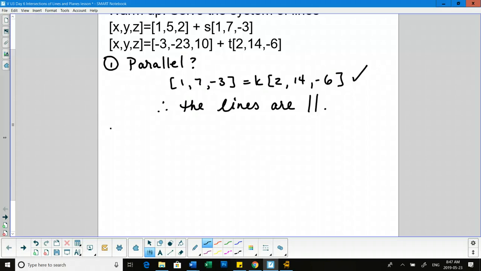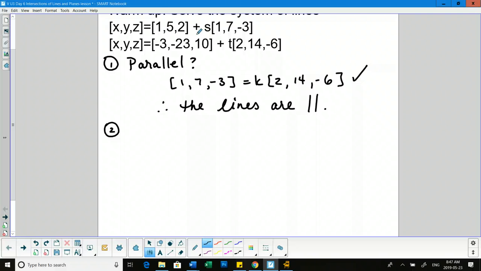So if I decide that the lines are parallel, really all I want to check is if they share the same points. Either I could check that this point is on line number 1, or I could check the reverse, that this point is on line number 2.